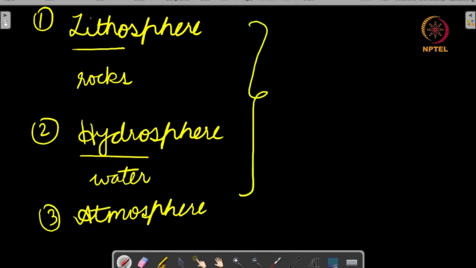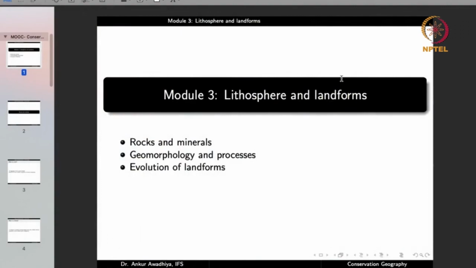And all these three together lead to the working of the biosphere, or the living sphere. So essentially, we have four different spheres on this planet: the solid sphere, which is the lithosphere, the liquid sphere or the hydrosphere, the gaseous sphere or the atmosphere, and the living sphere or the biosphere.